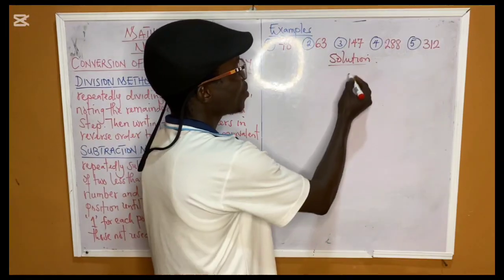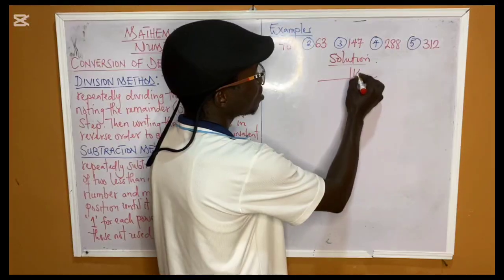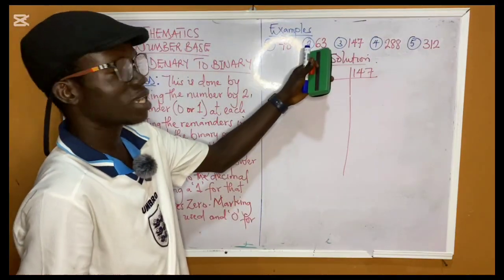The third question is 147. You can see that 147 is greater than 63.